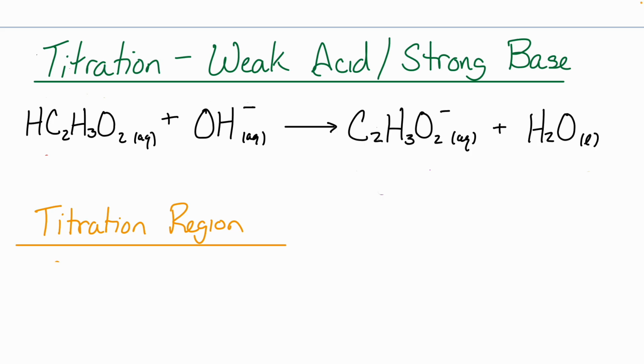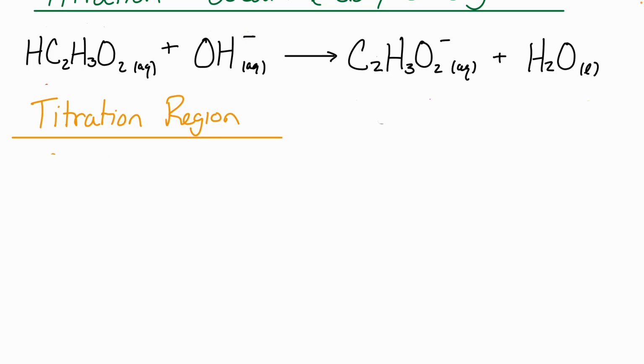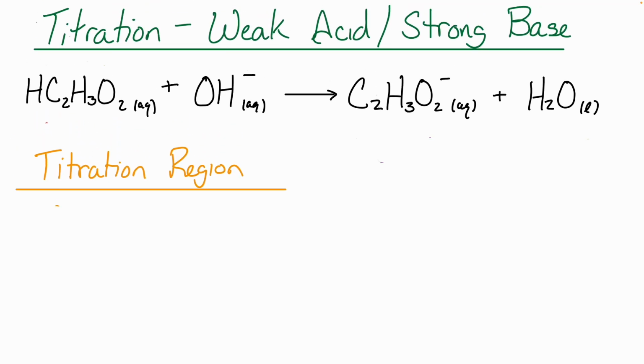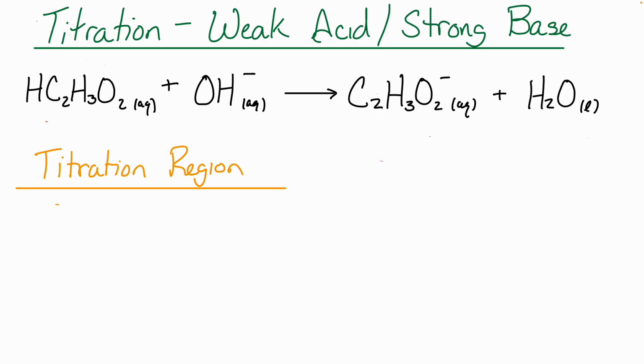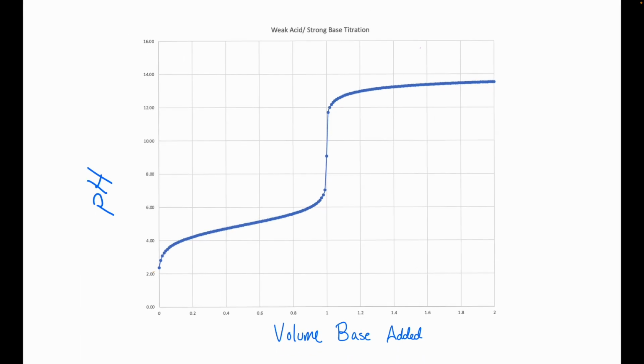Okay, and again, we're going to break this into titration regions, so we're going to have a little bit of a different strategy depending on where we are on our titration curve. I'm going to show you an example of a titration curve for a weak acid strong base titration. And you see it looks pretty similar, right? We've got that same S-curve shape going on.